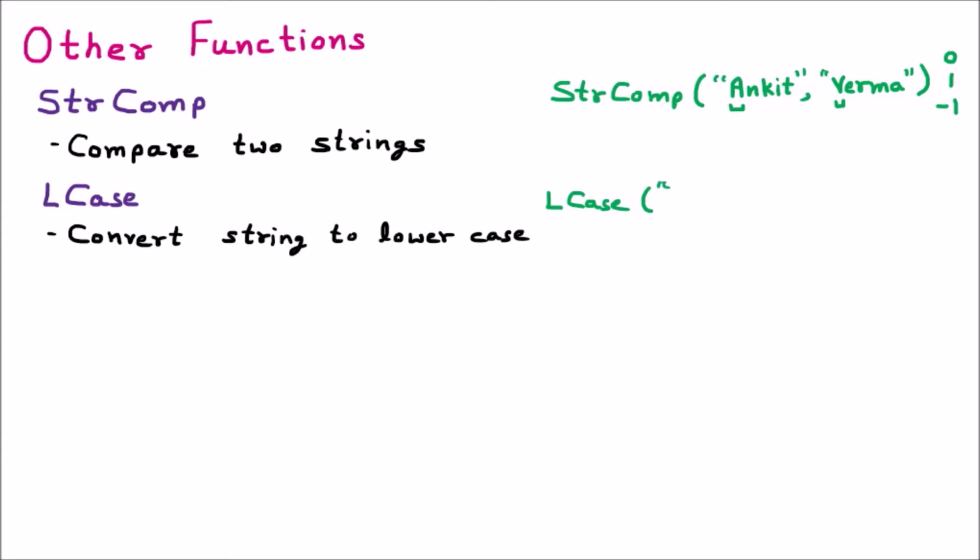Let us suppose that we are passing ANKIT. Now you can see that A is capital, the others are small. So what will be the result? The result will be all in lower case. So here we have the output where the A is small, and the others remain small as they are. So that will be the output.